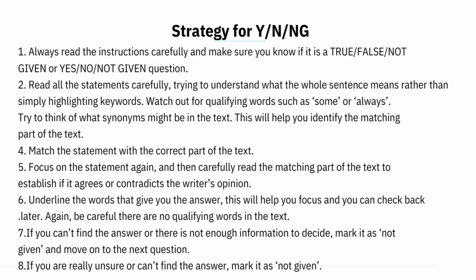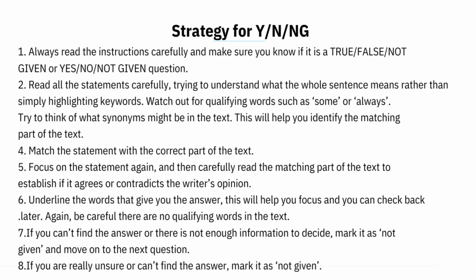Strategy for yes, no, not given. Always read the instructions carefully and make sure you know if it's a true, false, not given or a yes, no, not given question. So we have to note the instruction and identify what our answer should be. Read all the statements carefully, trying to understand what the whole sentence means rather than simply highlighting keywords.